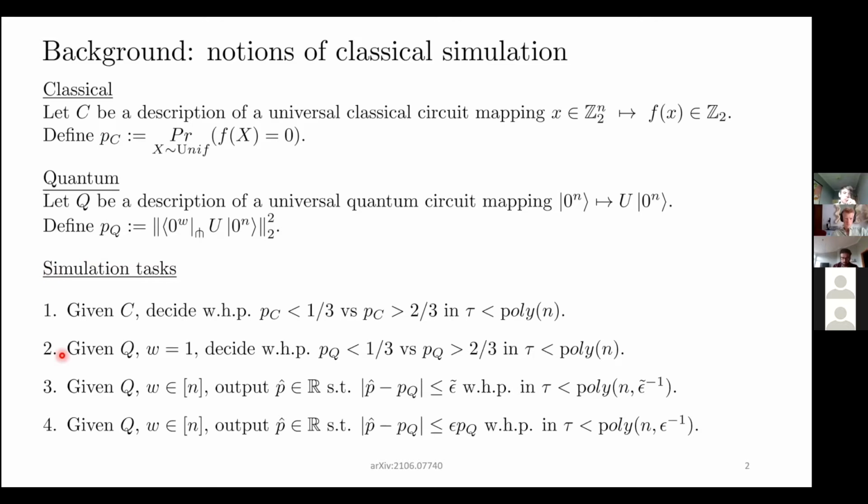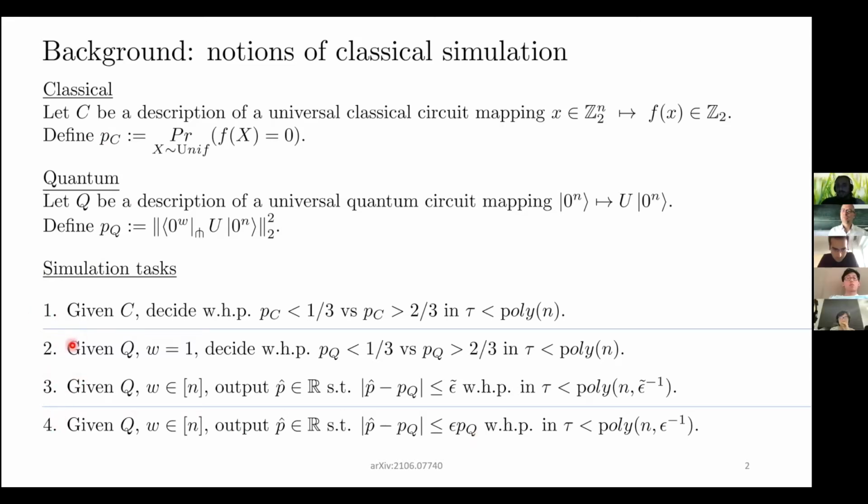And then we can define a bunch of simulation tasks, decision problems or estimation problems, associated with these probabilities. So I want to break these up into 3 distinct categories. And really, we're going to be focused on these last 2, but I'm talking about the first 2 as a reference, because they may be more familiar. Each of these tasks is going to get harder as we go down.